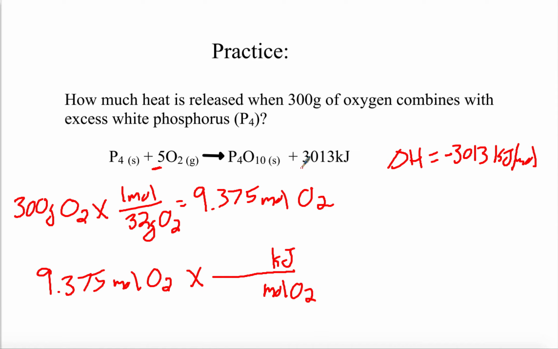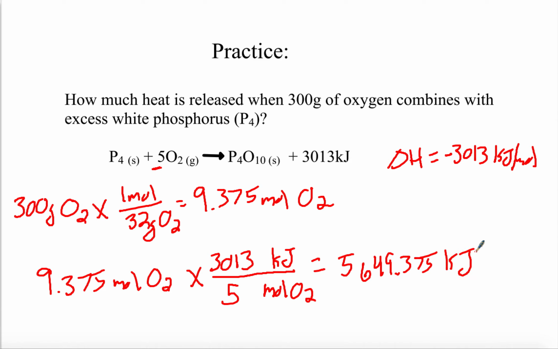From our reaction, we know that 3,013 kilojoules are being released for every 5 moles of oxygen in this reaction. So when you do this, you end up getting 5,649.375 kilojoules. You could say released, or you can put a negative sign, they would mean the exact same thing.